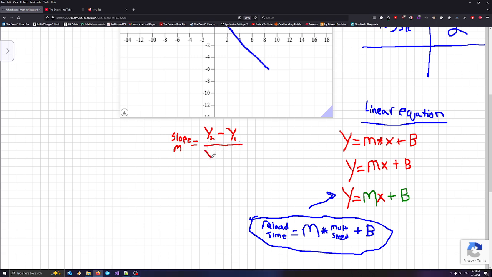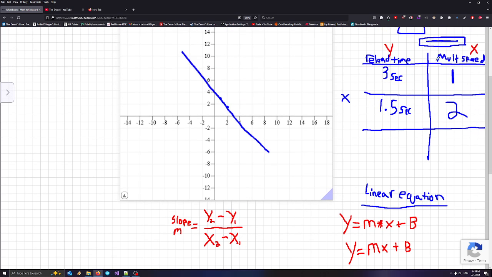And then over, or that divided by, x sub 2 minus x sub 1. So what the hell are these subs here? I've never seen that. That's basically me numbering which coordinate I'm talking about. So in this case, we can have our slope for y2. So if we start, we can number these, right? 1, 2.